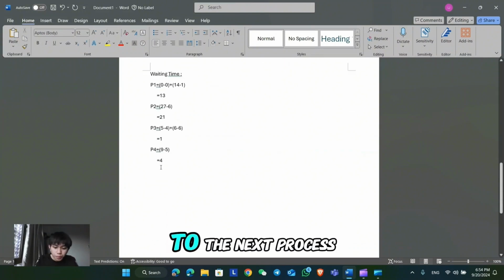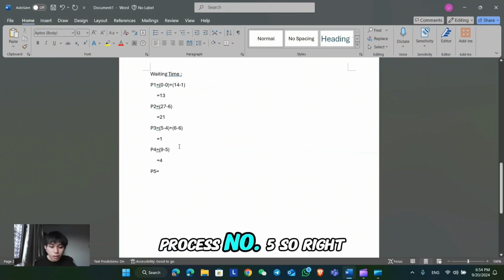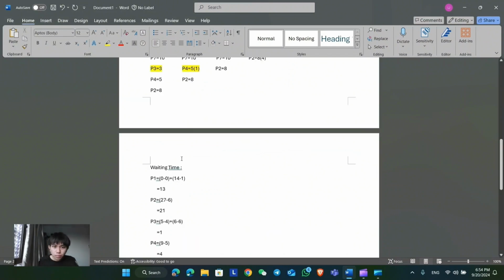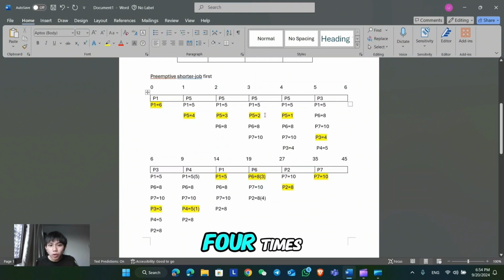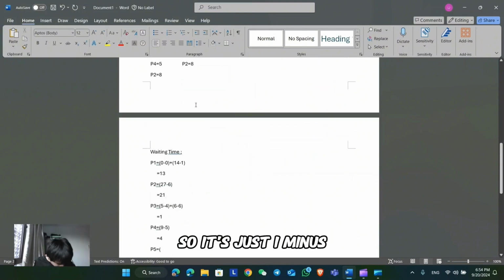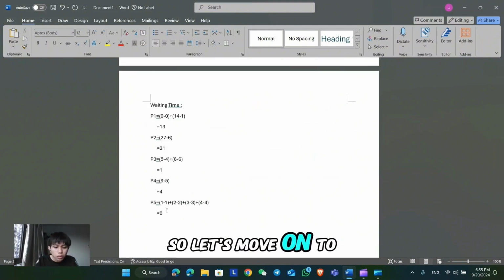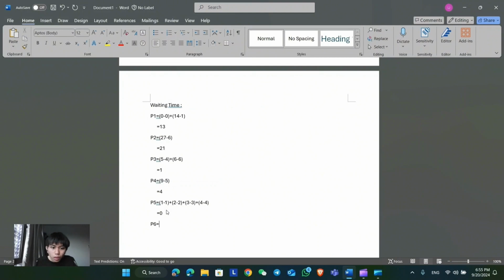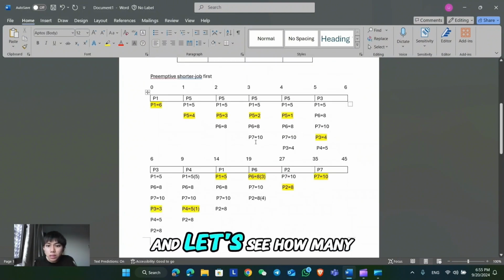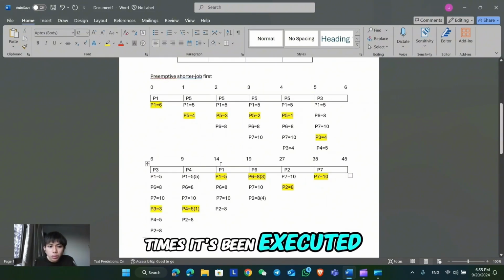So we move on to the next process. It's process number 5. As you can see, process number 5 is executed four times. There's a simple way actually. It's just 1 minus 1 equals 0. So let's move on to process number 6, and let us see how many times it's been executed.